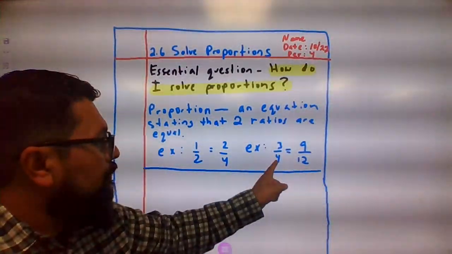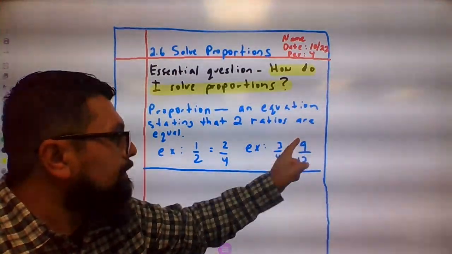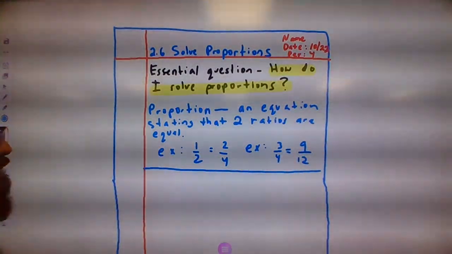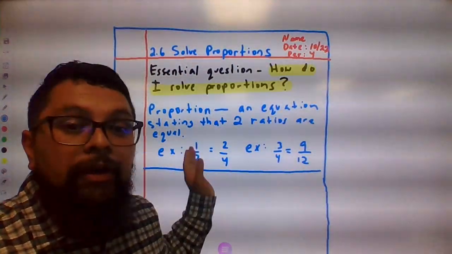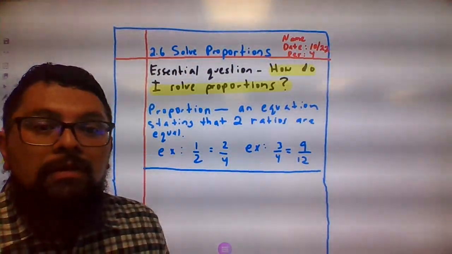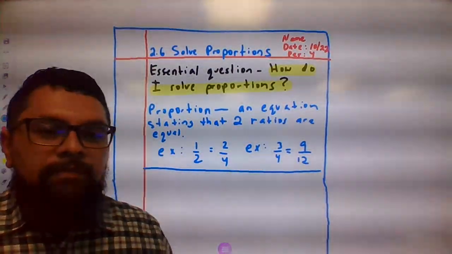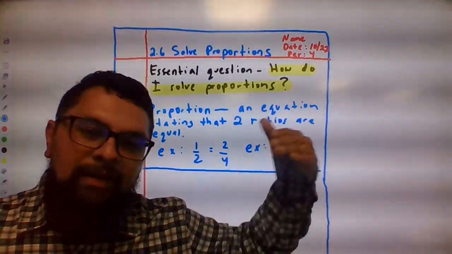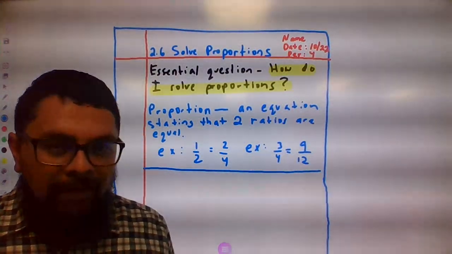Another example: 3 to 4 is equal to 9 to 12. Yes. So these are proportions. The ratios are equivalent, they're equal, but another name for that is a proportion. That's something we didn't really emphasize in the last lesson, but a proportion is two ratios that are equal.